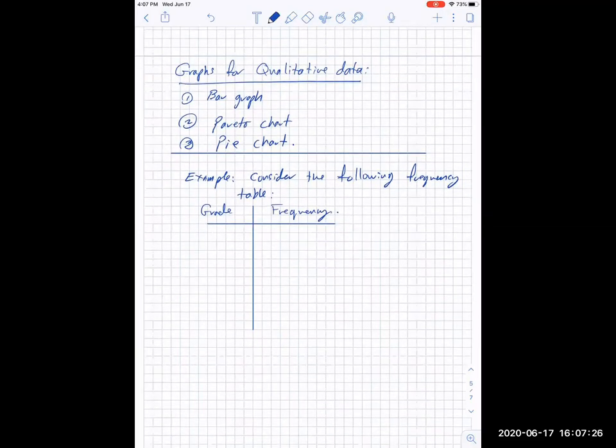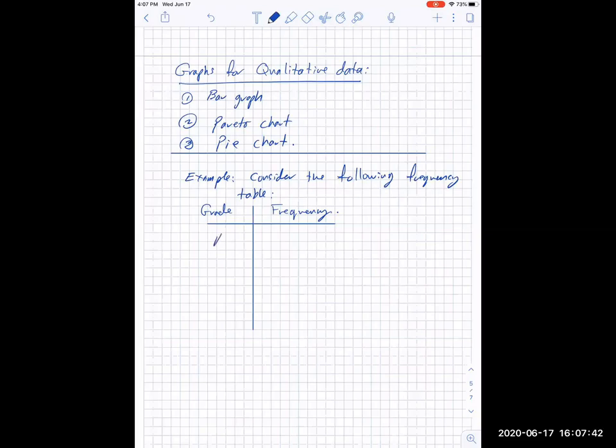Let's say I selected a random sample from the set of grades that I assigned to my students last semester, and I organized them in this table.